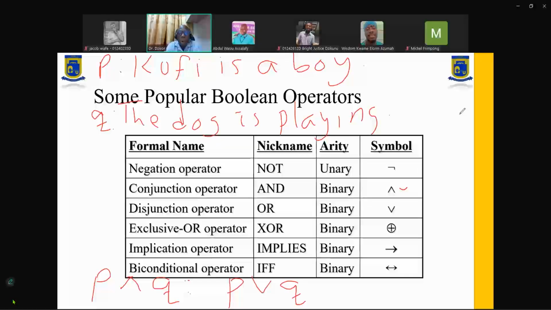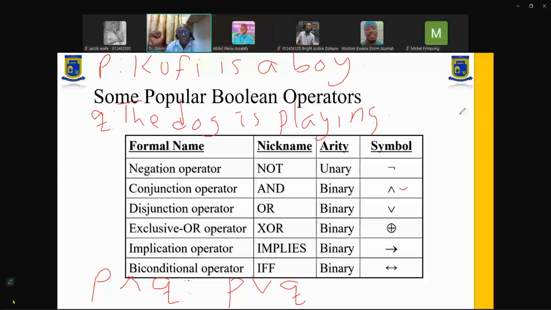OR means either one or the other or both. But XOR means either P or Q, but not both. So the intersection is zero.